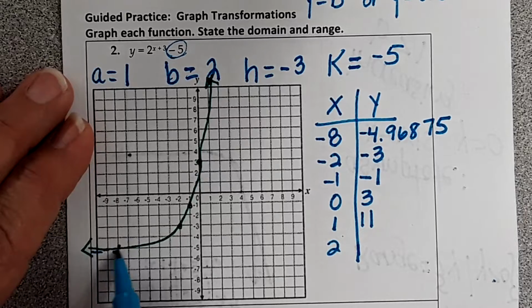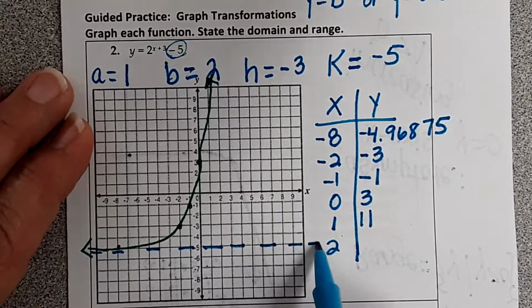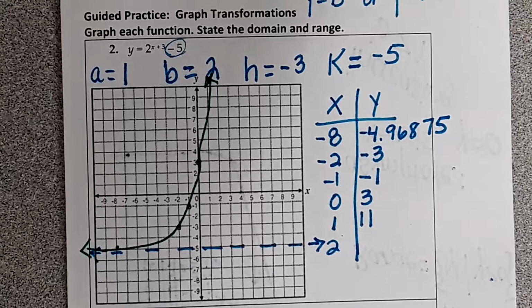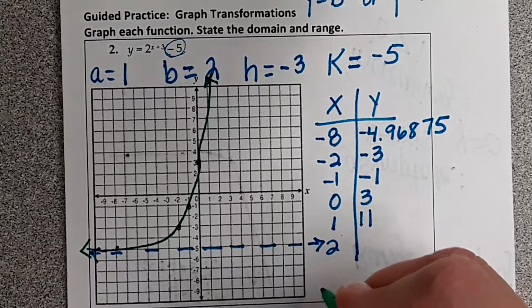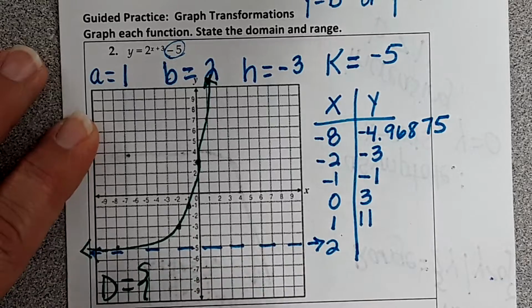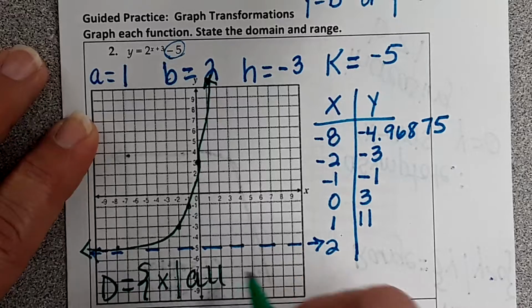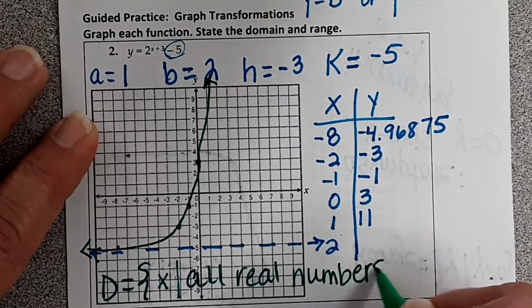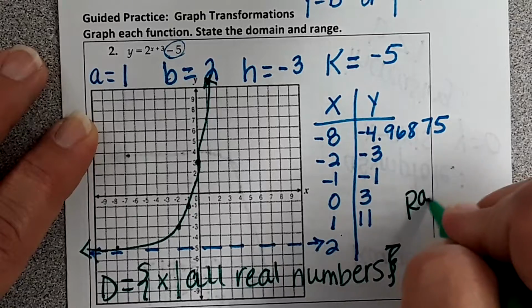And you guys, I kind of touched it, but this is my asymptote. Okay. So I've got my domain. x is what? What's my domain? All real numbers. What is my range?